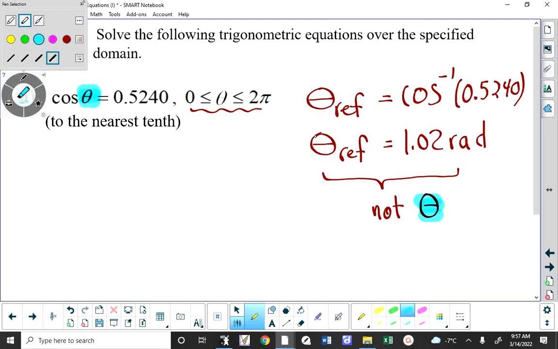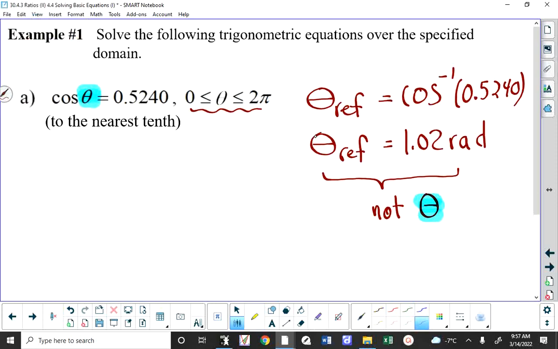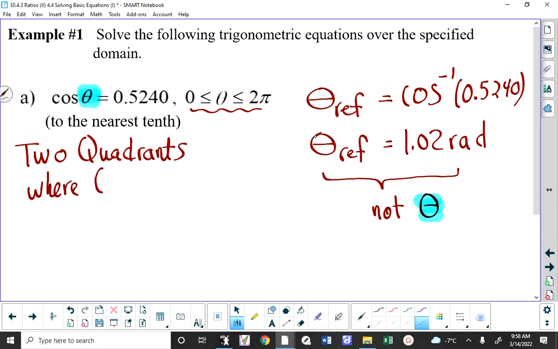The second step is to identify the quadrants that the angle is in. What are the two quadrants where cosine of theta is positive?